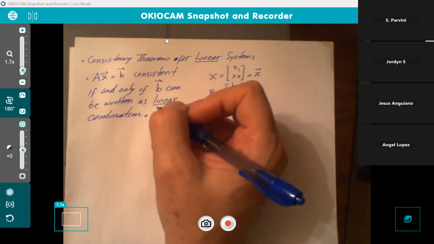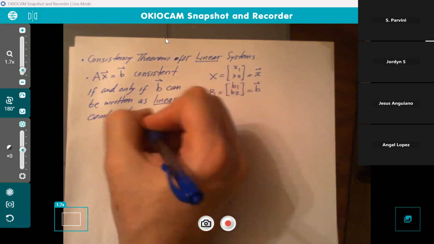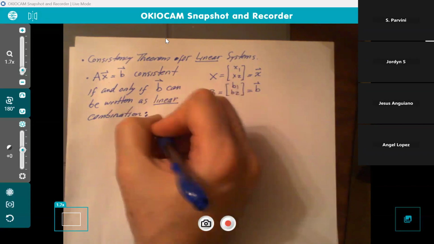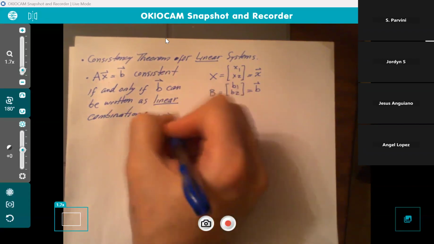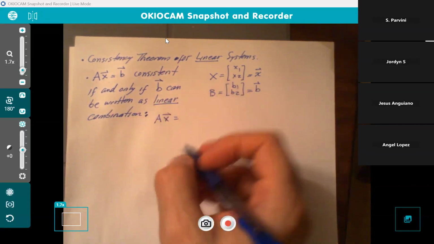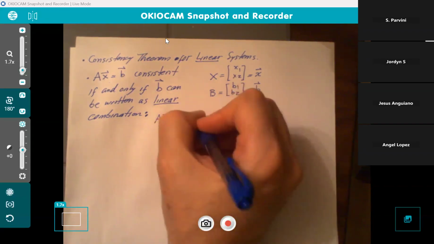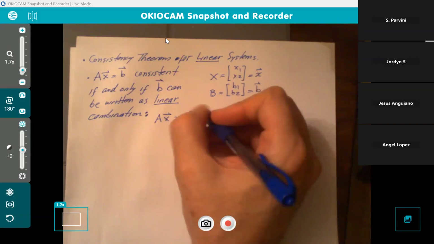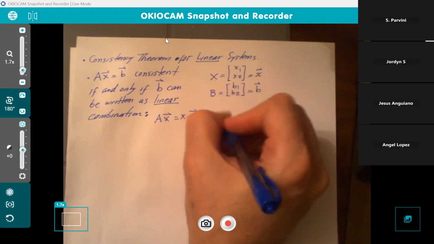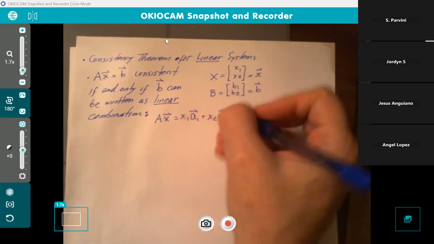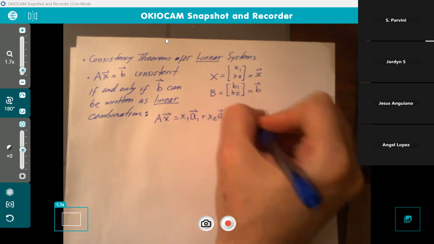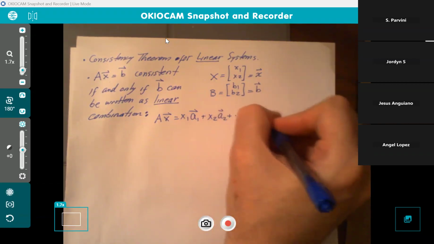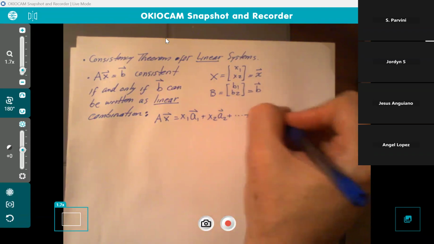And what linear combination are we talking about? This is a linear combination. AX you should be able to write as x1 a1 plus x2 a2 and so forth plus xn an equals b.